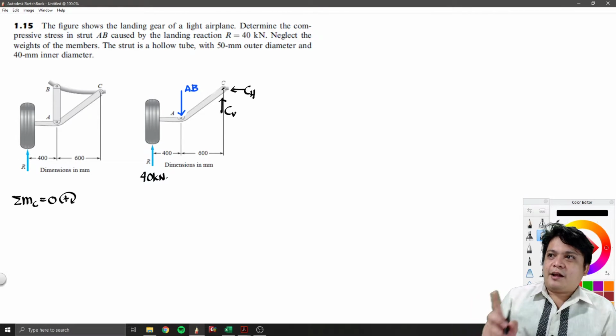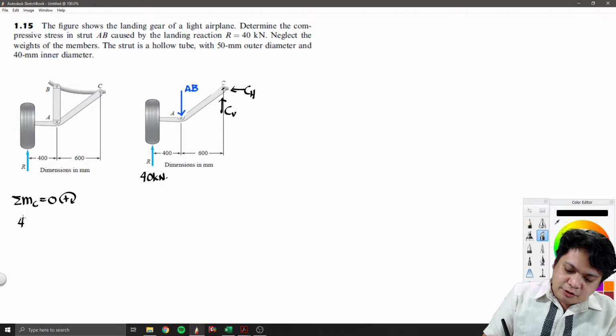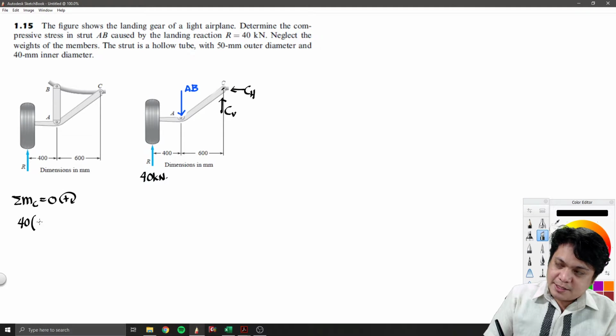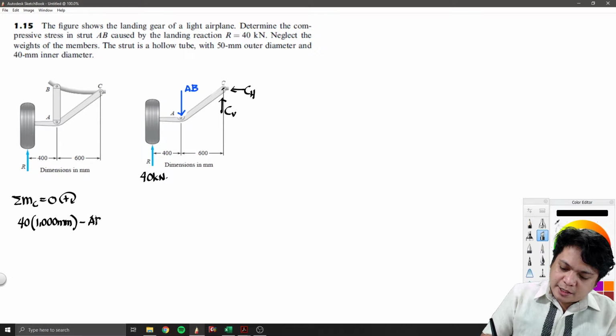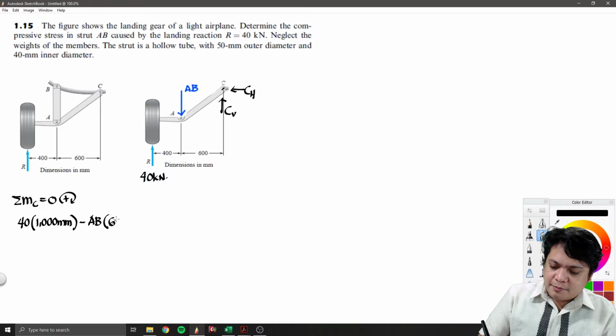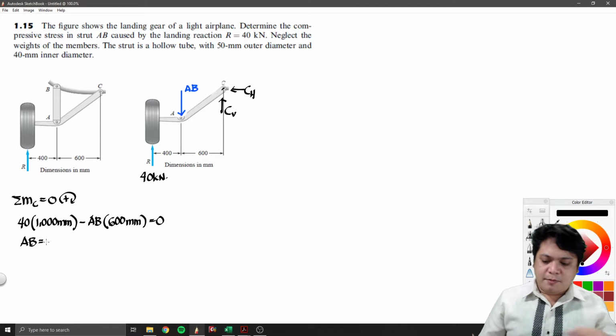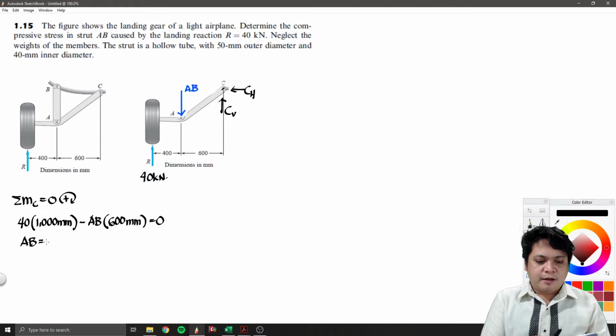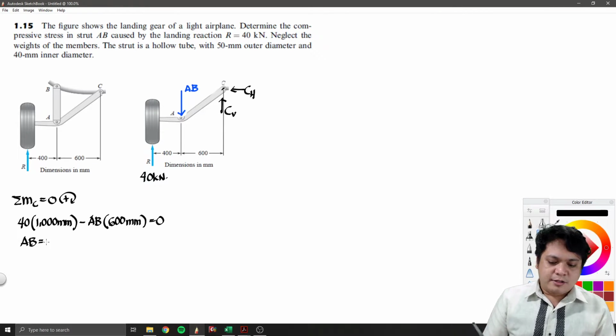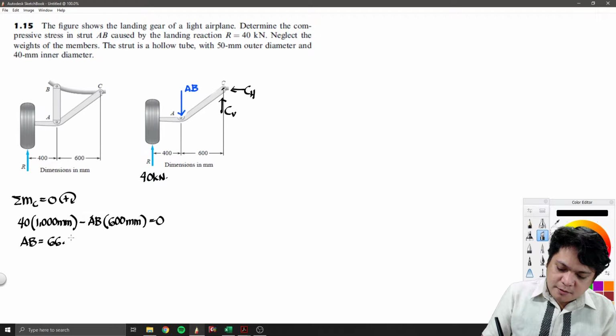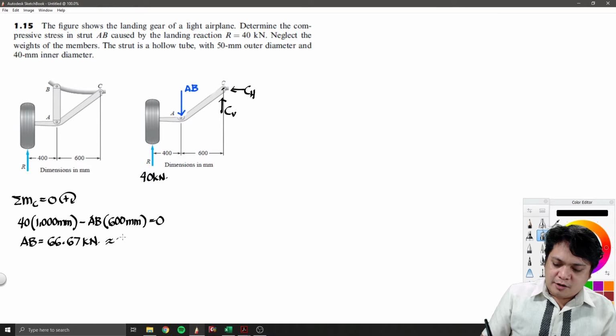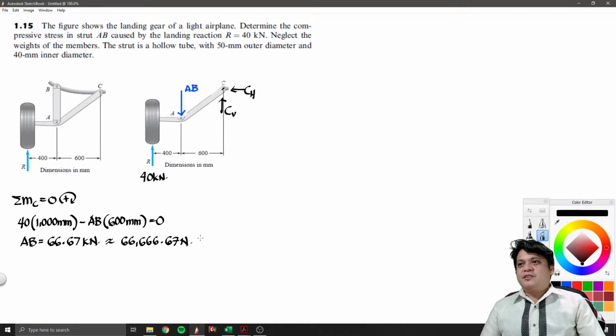So we will be having here 40 kilonewton multiplied by 400 plus 600, so that's 1,000 mm, and then minus the internal force AB multiplied by 600 mm, equals 0. So AB is 40 times 1,000 all over 600, so that's around 66.67 kilonewton, or 66,666.67 Newton.